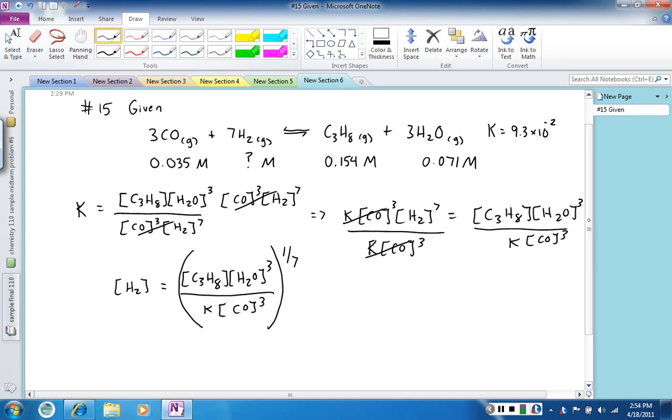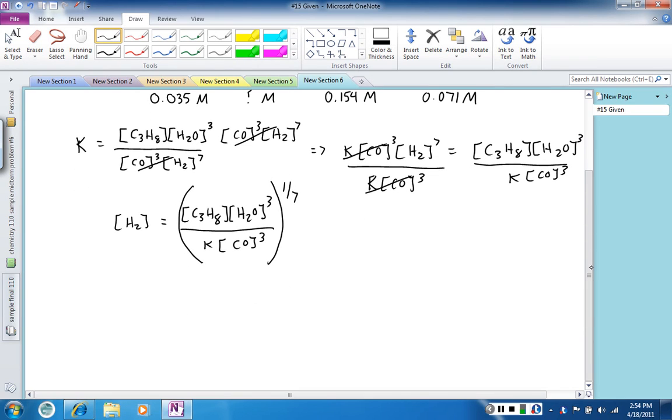So now it's simply plugging in your values and solving. Concentration of C3H8 is 0.154. Concentration of H2O is 0.071, and that's cubed.